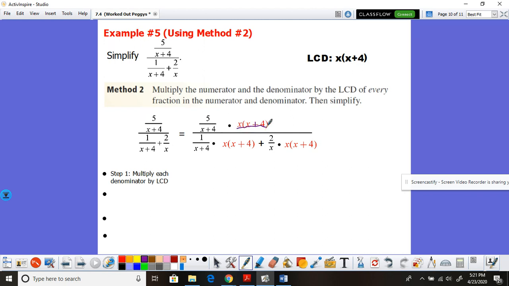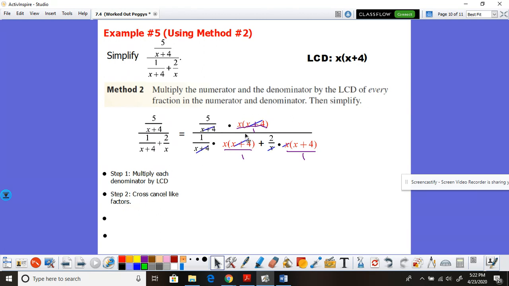Now, a lot of you will want to put these over 1. If that's you, please do it. If not, don't worry about it. The reason we can do this is because we are multiplying every single term times the same thing. That's what makes this legal. That's perfectly fine to do. Now, when I do this, I want to cross cancel like factors.